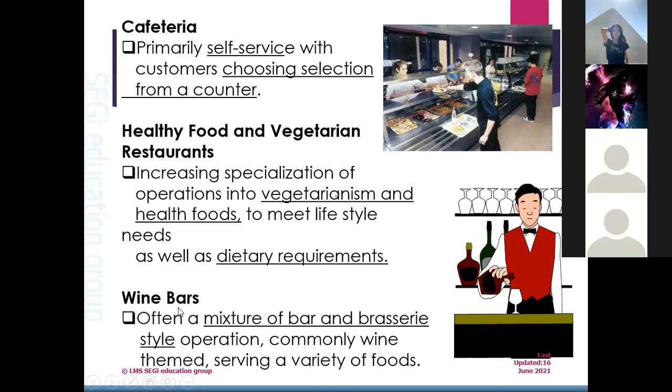The next one is wine bar. Wine bar is a mixture of bar and brasserie style operation, commonly wine themed and serving a variety of food. Guys, wine bar ni dia ada karakteristik dia, satu dia ada bar lah. Dia ada open bar yang semua orang boleh lihat, yang semua orang boleh duduk depan bar tu.